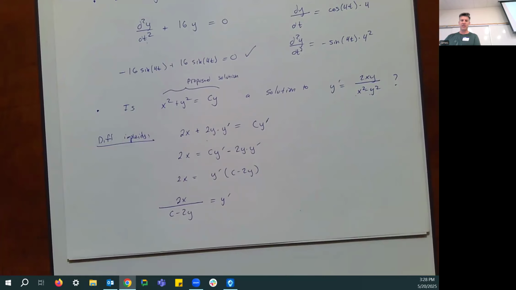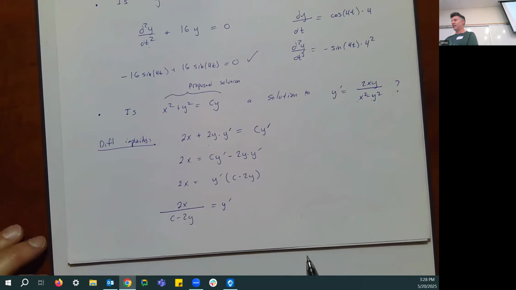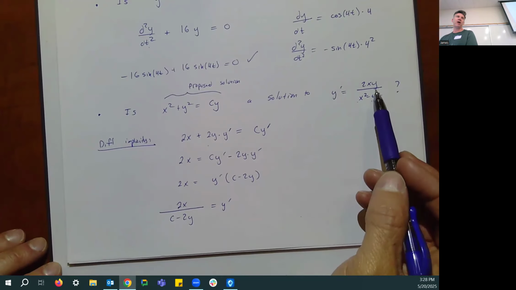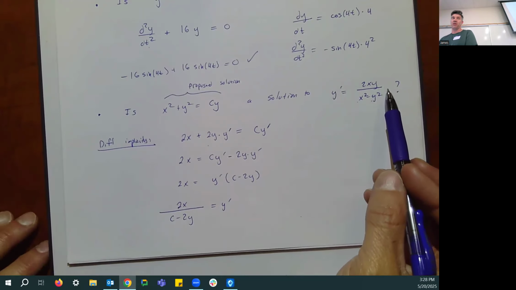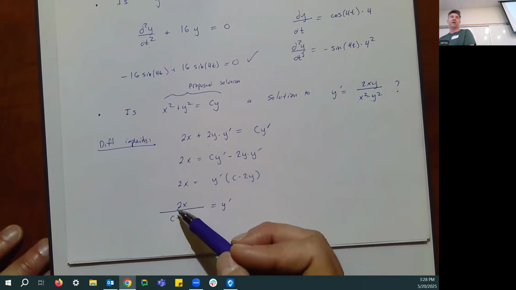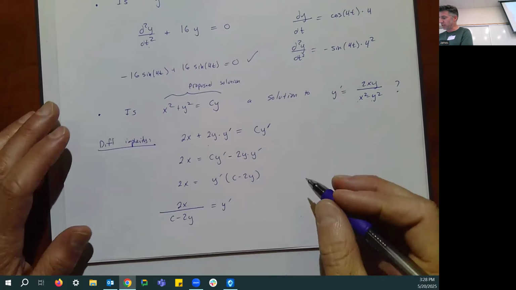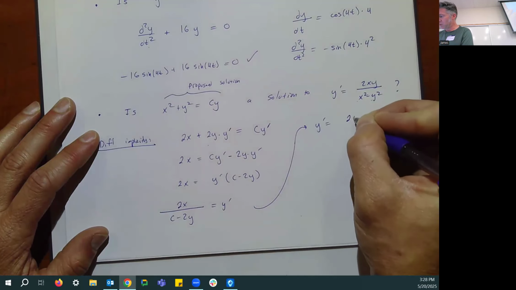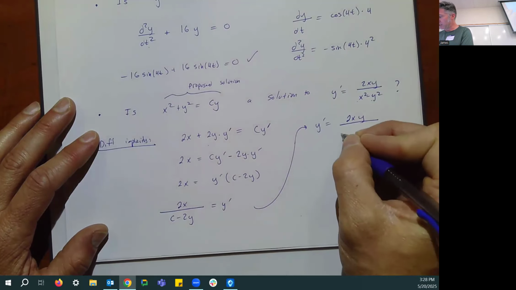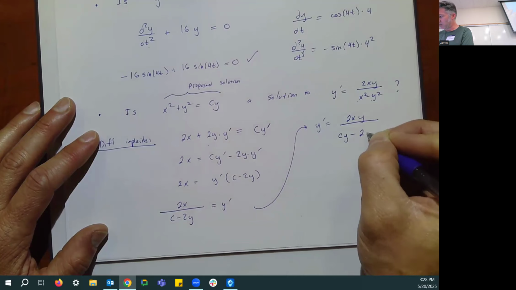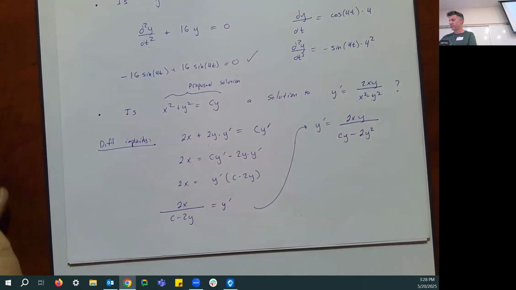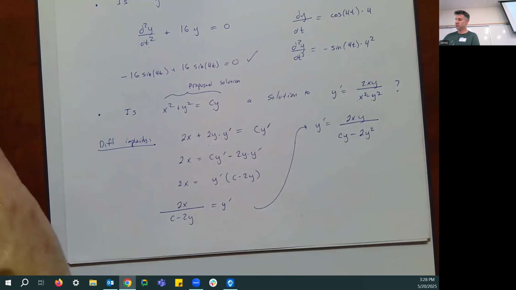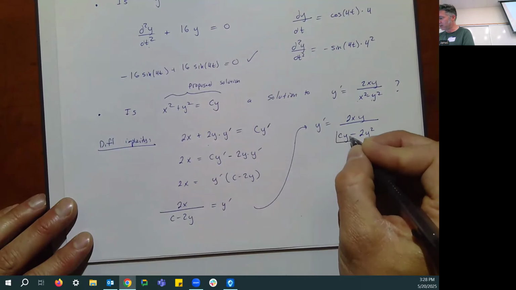So there's a couple ways to go about this next step. What I would try to do is I would really like the top to have a y in it. So it's certainly allowed to multiply the top and bottom by y. So what we're going to say here is now y prime is equal to 2xy over c times y minus 2y times y, or 2y squared. But now, what's c times y equal to?